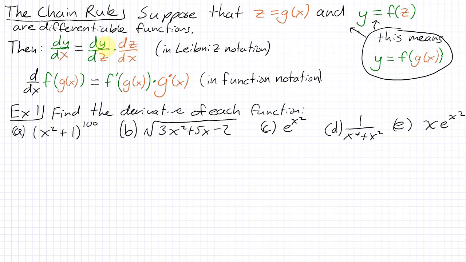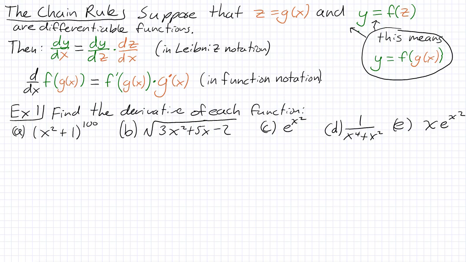Even though, remember, dy over dz isn't a real fraction, it really represents the limit of a fraction as h approaches 0, a lot of the times it ends up functioning sort of like a fraction, in the sense that these cancel out, even though they're not really the numerator and denominator of a fraction. They're just weird parts of weird notation. But the notation is nice because it works as if it was a fraction, and you can sort of pretend it cancels out, and that's a good way to help remember it.